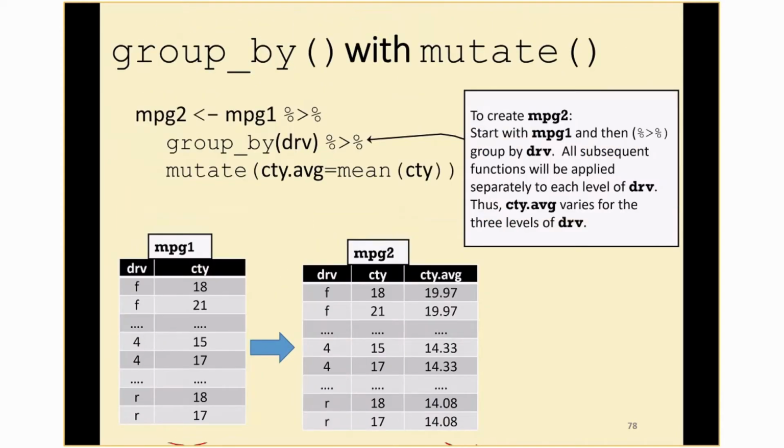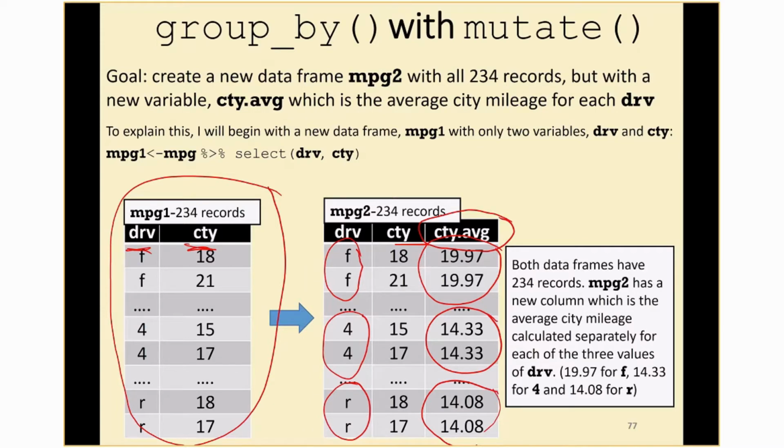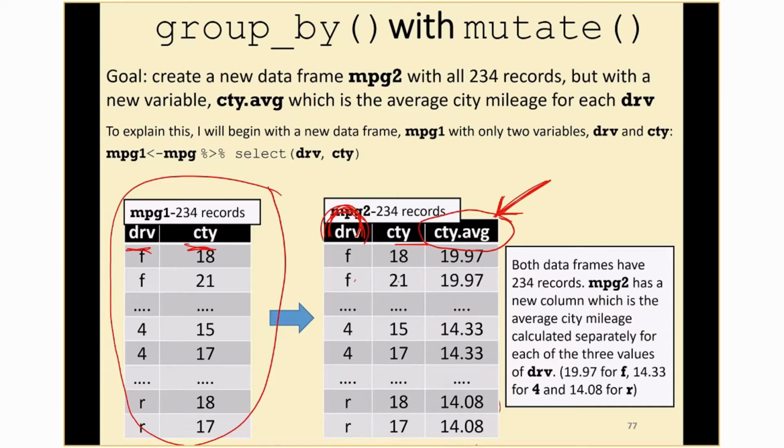What I'm trying to do is use mutate to create this new variable, but the creation of this new variable is going to occur independently based on the level of drive, so that all the front wheels, all 106, get 19.97, all 103 four wheels get 14.33, and all 25 rear wheels get 14.08.